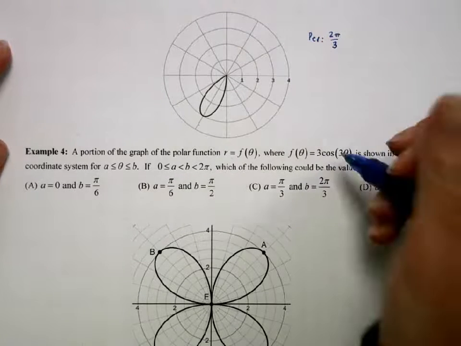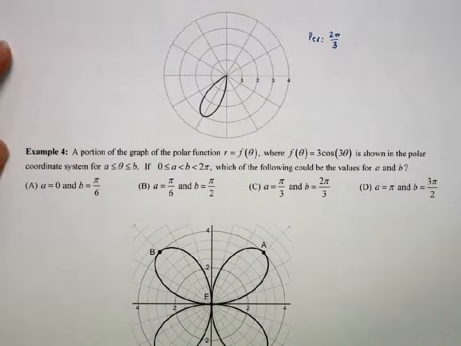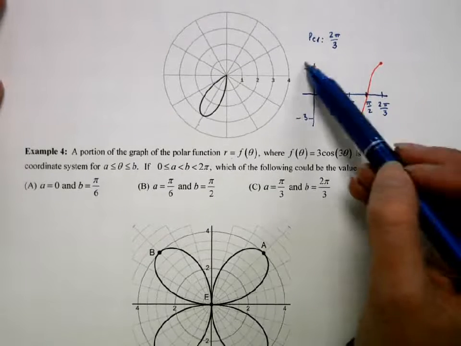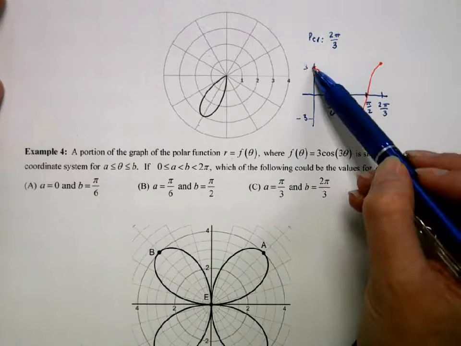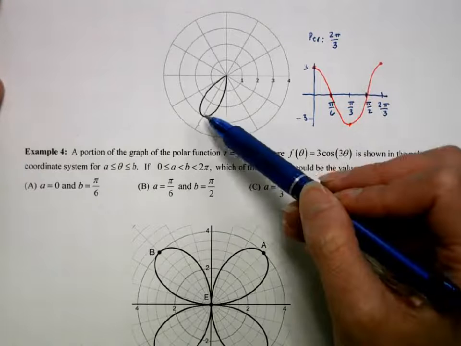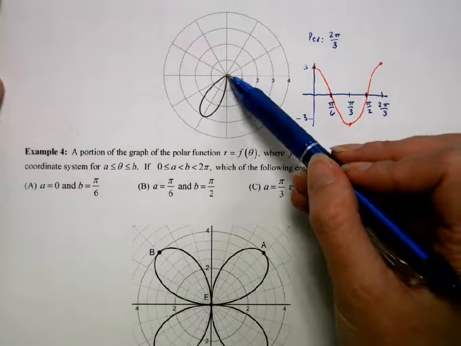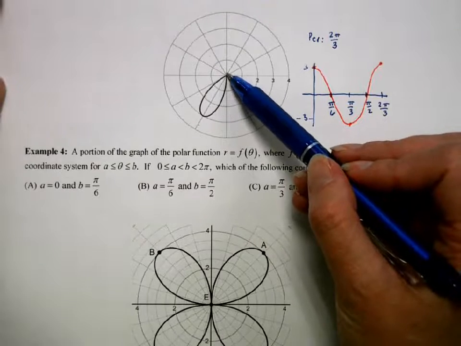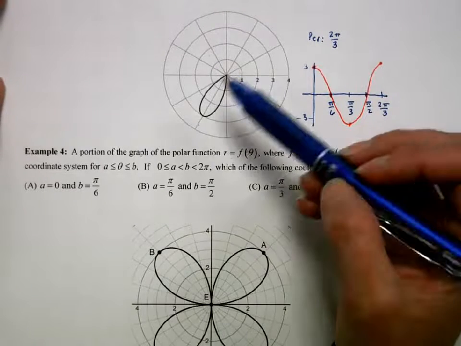So there's our rectangular graph. Period of 2 pi over 3. We've already talked about my tips of the petals are going to be at these max and my mins. So this is one full petal, which means we're starting at 0 and ending at 0. And that was one of the reasons I wanted you to graph by hand, is to actually see that flow of how we go to the origin and then it spins around and all of that.